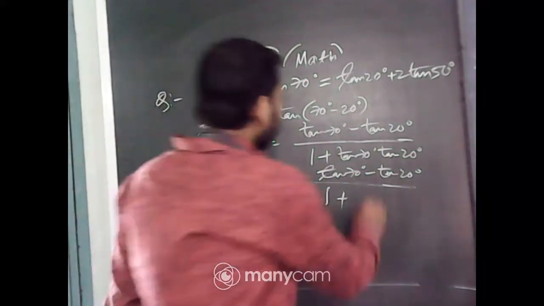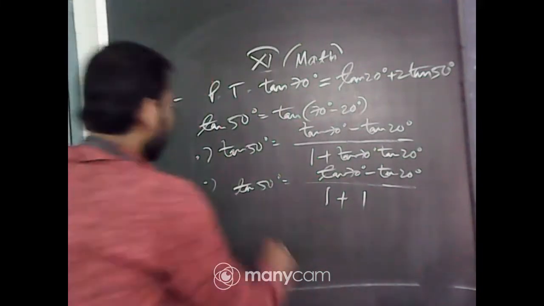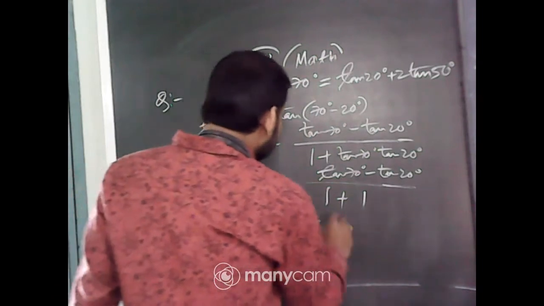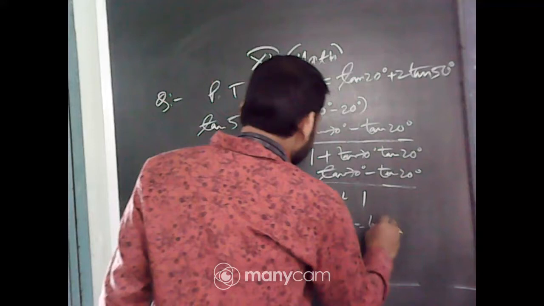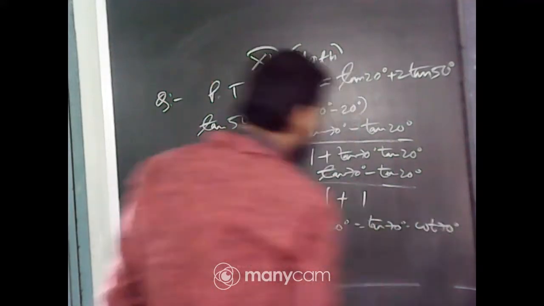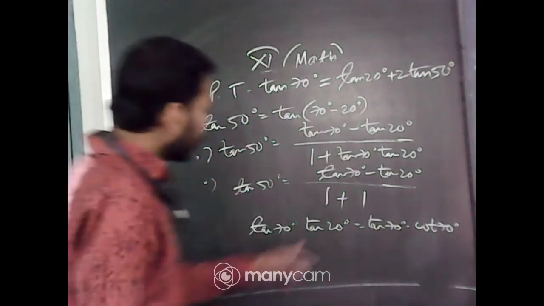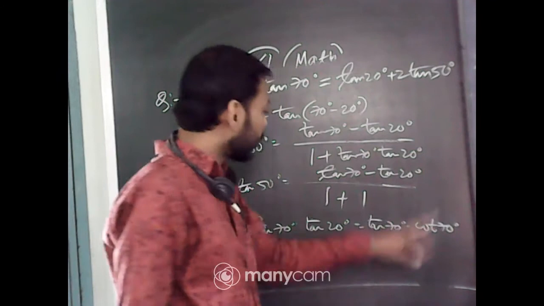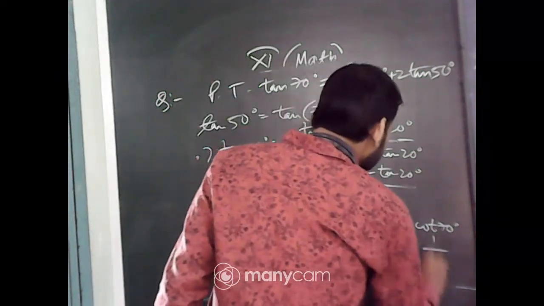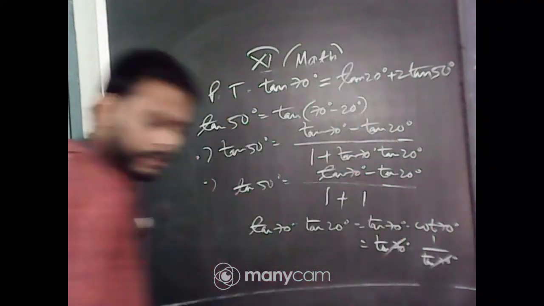Tan 70 into tan 20 is tan 70 into cot 70, because of the complementary and reciprocal relations. So it will give you 1.